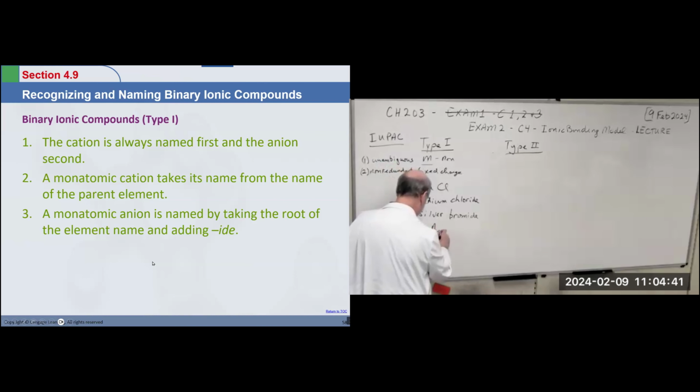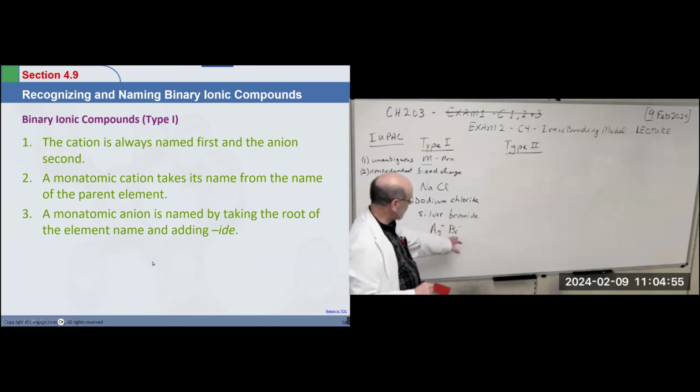And it's always a +1 charge, isn't it? Bromine, it's a halogen, so it's always a -1 charge. So that's it. We just say AgBr. That's all you need. It's unambiguous and it's not redundant.